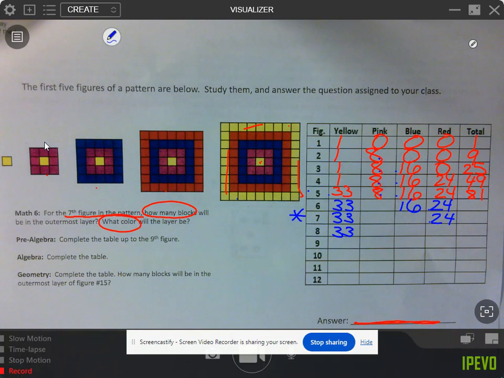Our perfect squares are going up. 1 squared is 1. 3 squared is 9. 5 squared is 25. 7 squared is 49. 9 squared is 81. So I'm skipping with my odd numbers. Perfect square of odd numbers goes in for my total. So what would my next number be that I'm gonna fill in? It would be 11 squared. What is 11 squared?